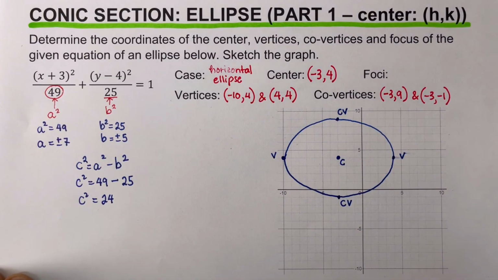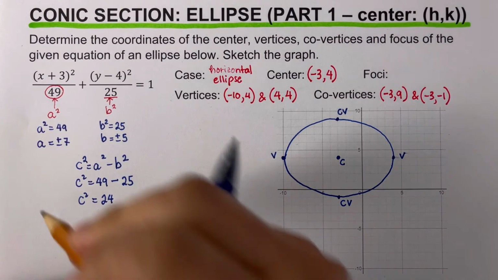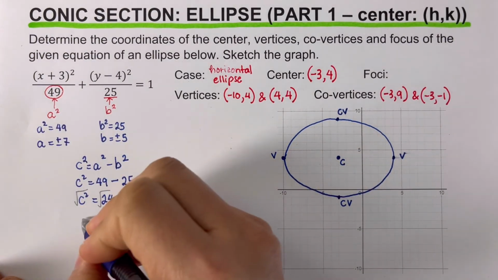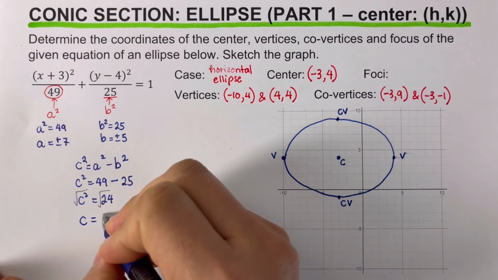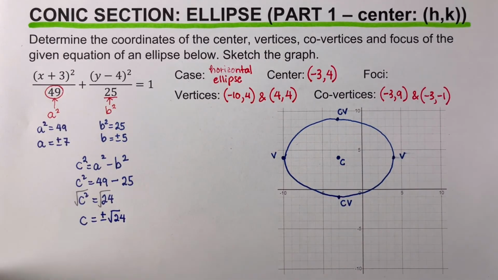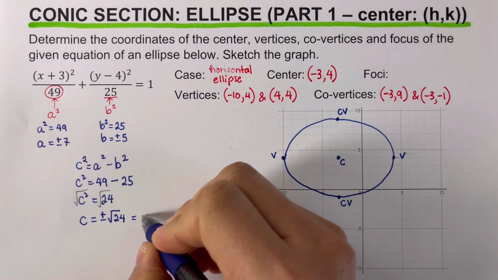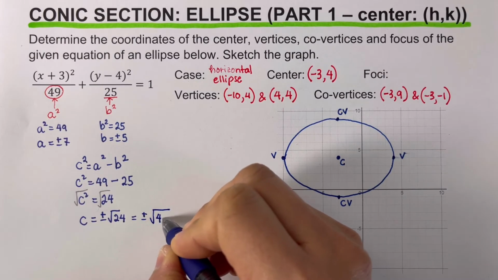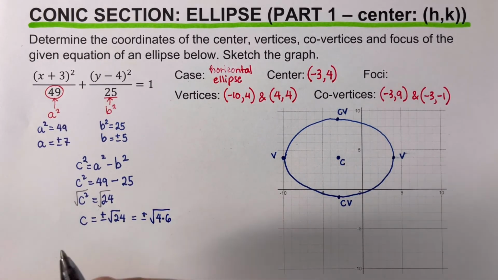So we go ahead and take the square root of both sides to solve for c. So c is equal to plus minus square root of 24. We can reduce this. 24 can be factored, so c is equal to plus minus square root of 4 times 6, and the square root of 4 is 2, and the square root of 6 stays as the square root of 6.